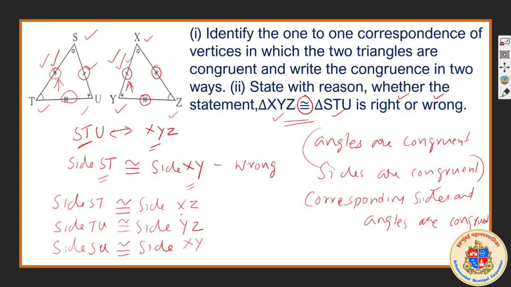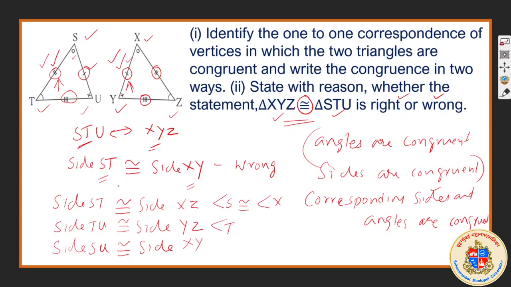Side ST is congruent to XZ. TU is congruent to what? YZ. SU is congruent to XY. So while writing, we should follow the corresponding order. Even if you compare the angles, angle S is congruent to angle X, very good.